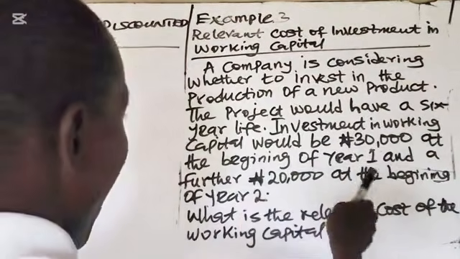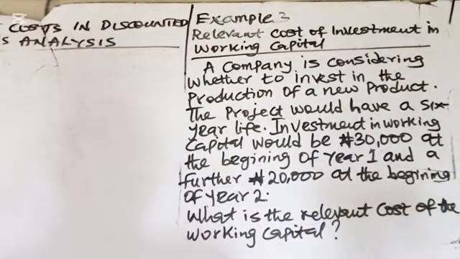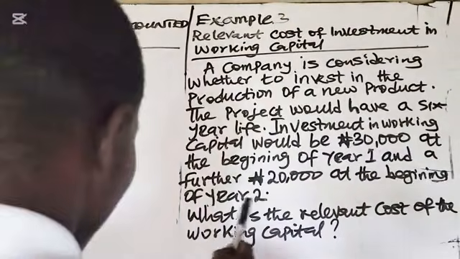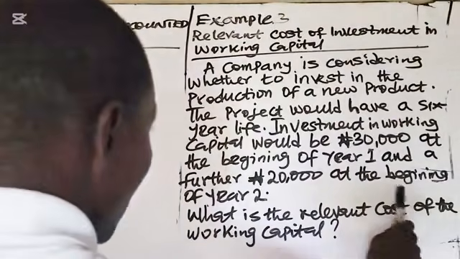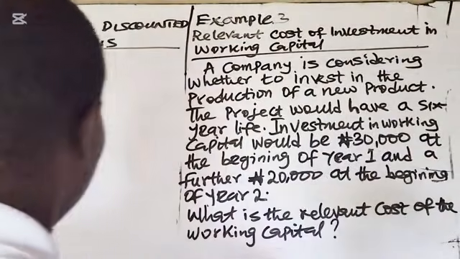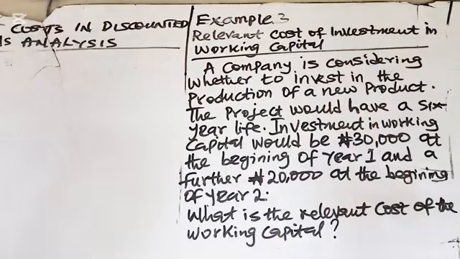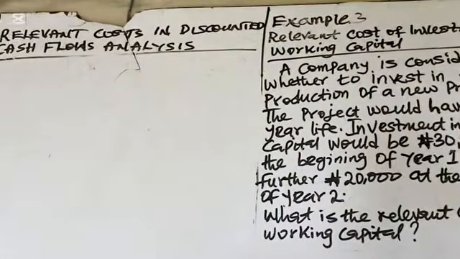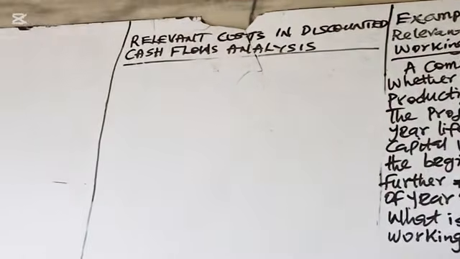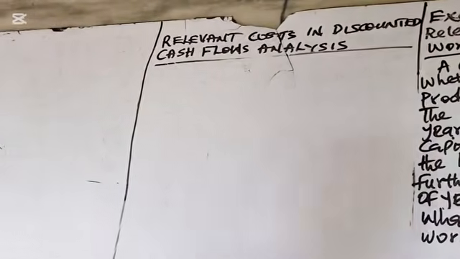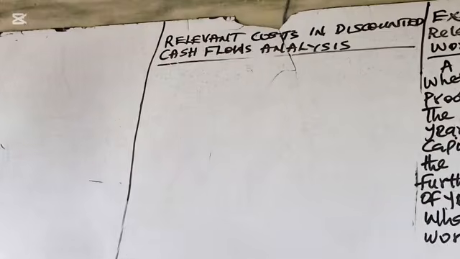So beginning of year 1, that means you have that in year 0. The one at the beginning of year 2, you have that in year 1. So that is how that will be treated, because the working capital occurs at the beginning of the year. And if the time the working capital occurs is not given in the question, you treat it as an outflow in year 0.